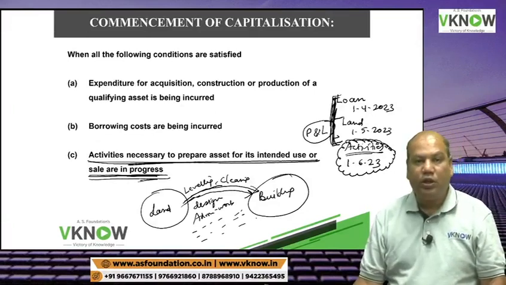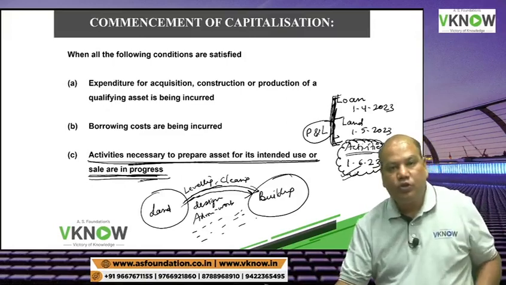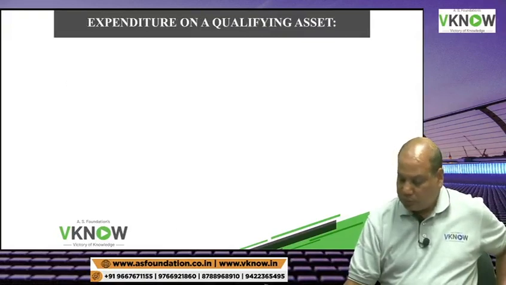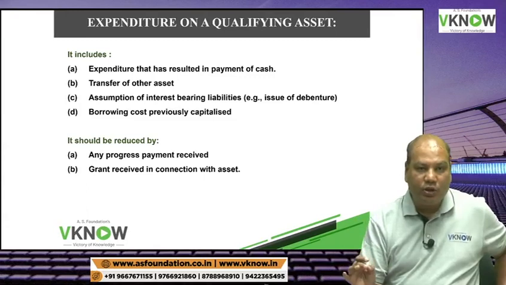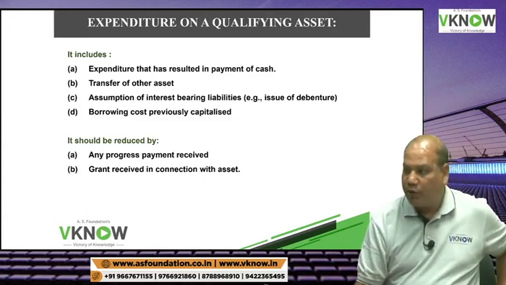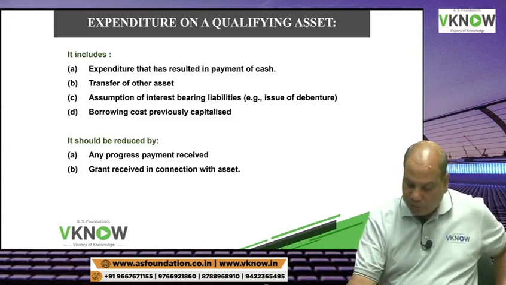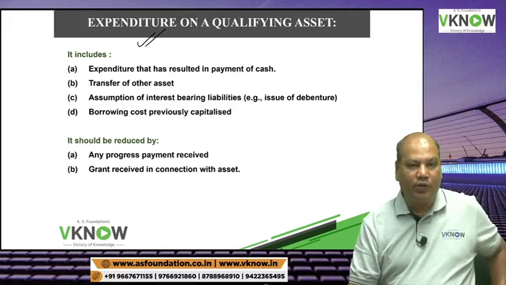So all three conditions got satisfied on 1st June. From 1st June, we will capitalize the borrowing cost. Before that, if any borrowing cost is incurred, you will charge to profit and loss account. Now the next important point is what will be included in expenditure on a qualifying asset.